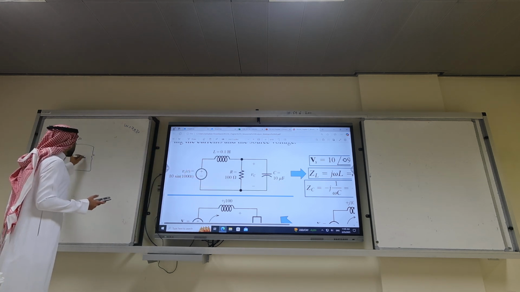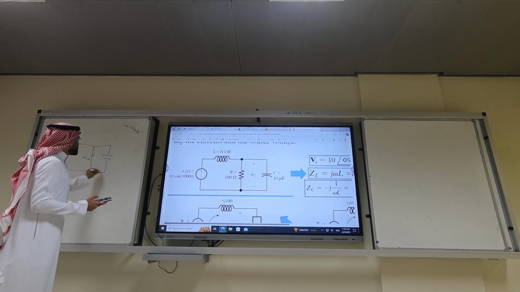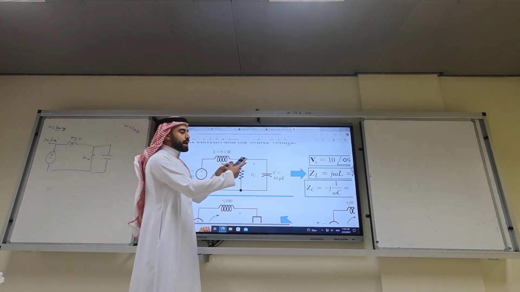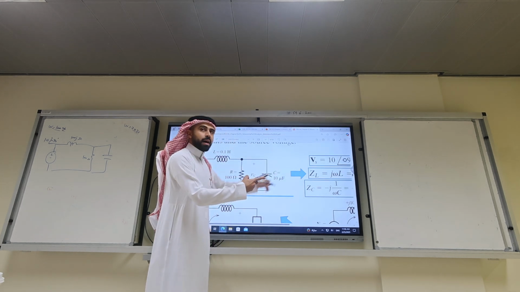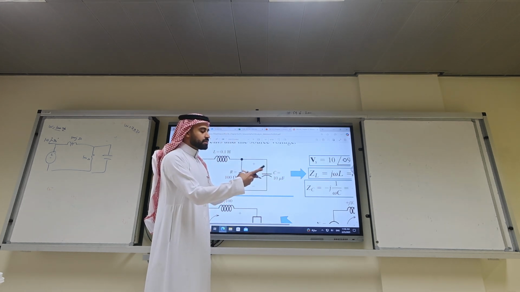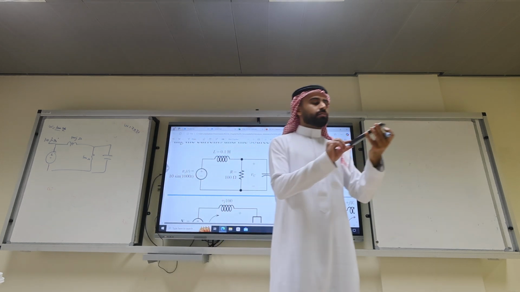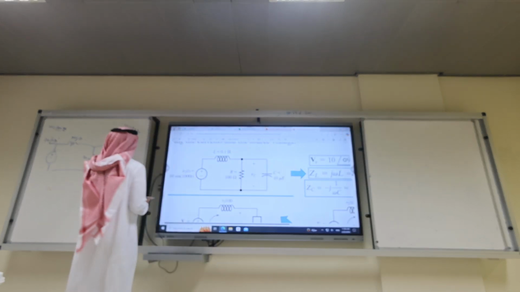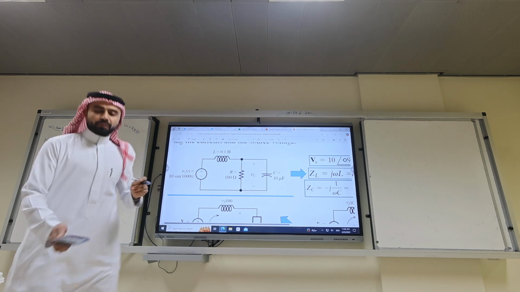How about the capacitor? 1 over j omega C. It's 1 over j times 1000 times 10 micro, 10 E minus 6. Okay? It's what? Minus j100. What's the unit? Ohm. We're professionals, right?